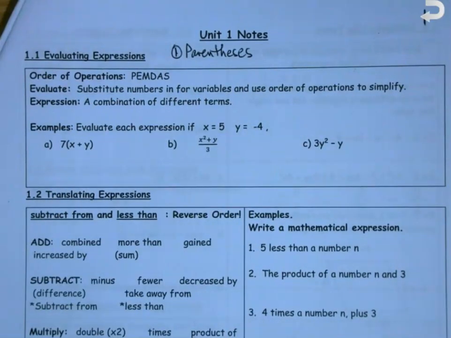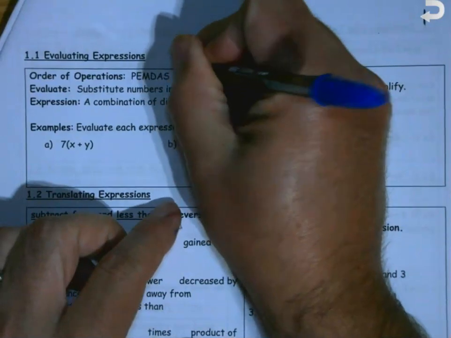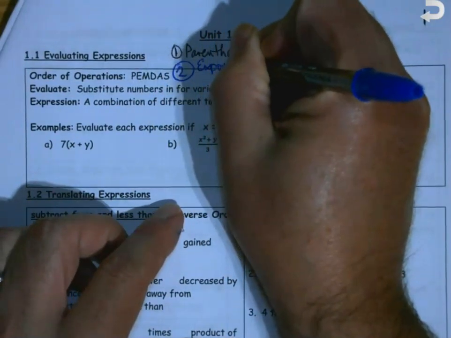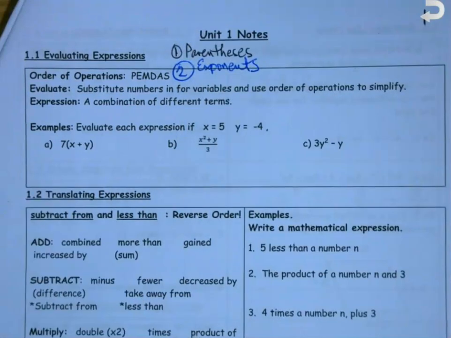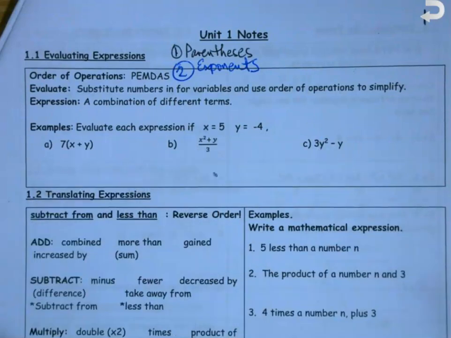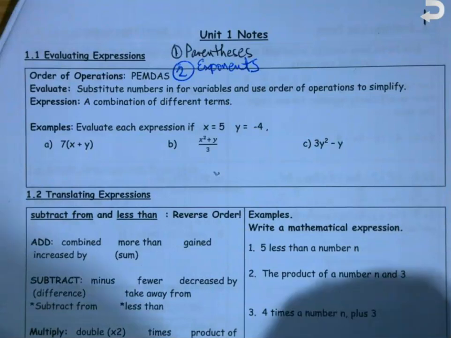If we don't have any of those, or once we've done the parentheses, our next job, number 2, is going to be exponents. Anything with an exponent, and we'll chat a little bit more about some of the specifics of that when we get down here, but that always is number 2.